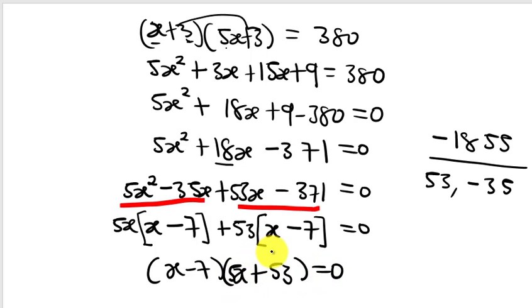In this case, I have two linear factors multiplying, and that is equal to 0. So you have to take each linear factor and equate it to 0. Because the basic assumption is if two things are multiplying and the product is equal to 0, it means that definitely one of them is equal to 0. That is why we are going to equate each to 0. So we'll have x minus 7 is equal to 0, and this implies that x is equal to 7.